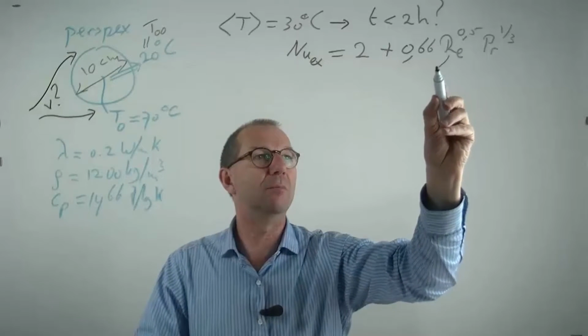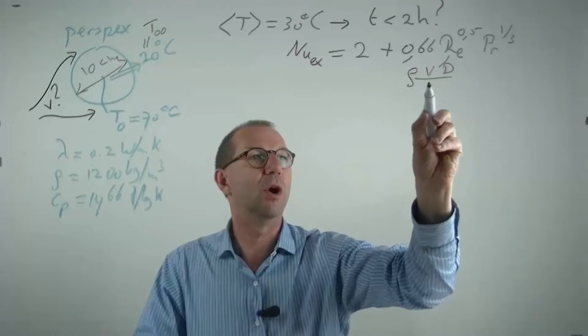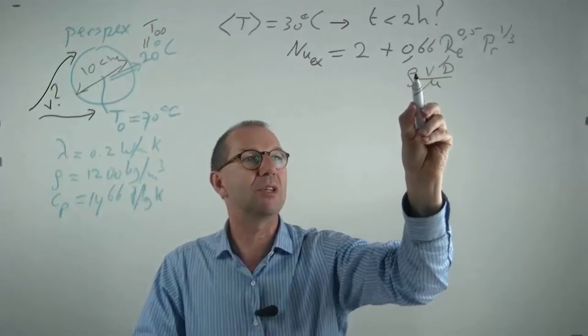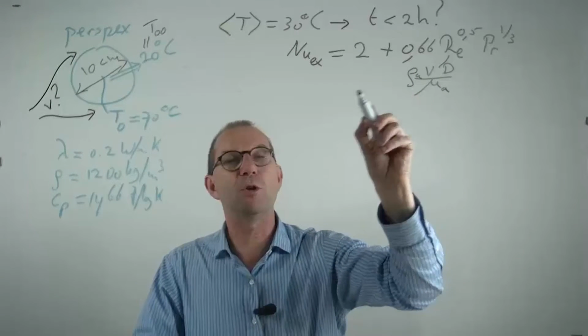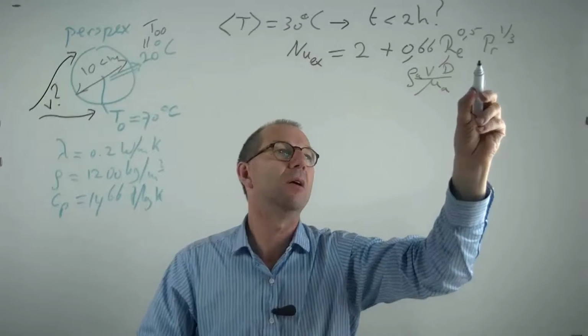The Reynolds number, we've seen, is rho v d over viscosity. These properties are taken from air, v is the velocity of the air flowing around, and d is the diameter of the sphere.